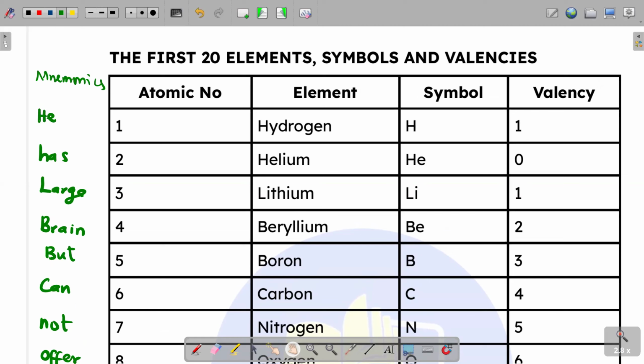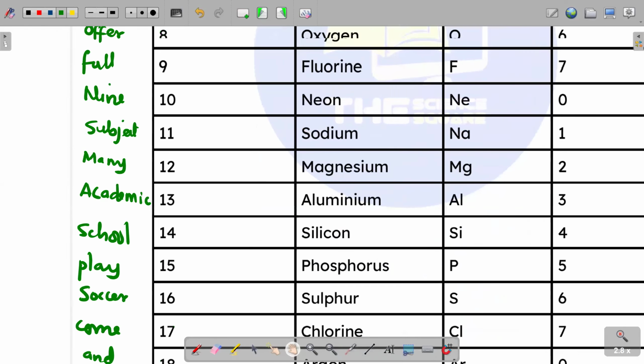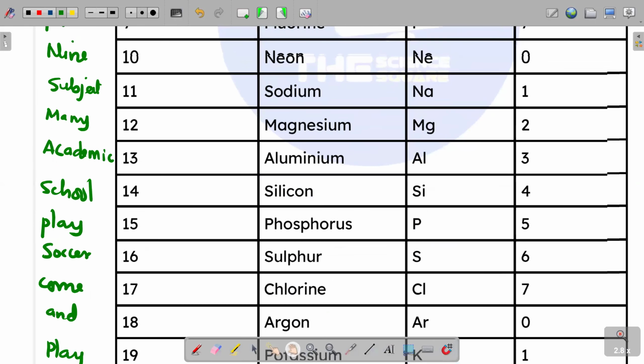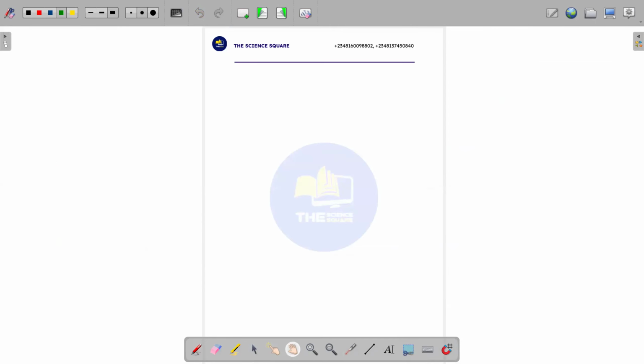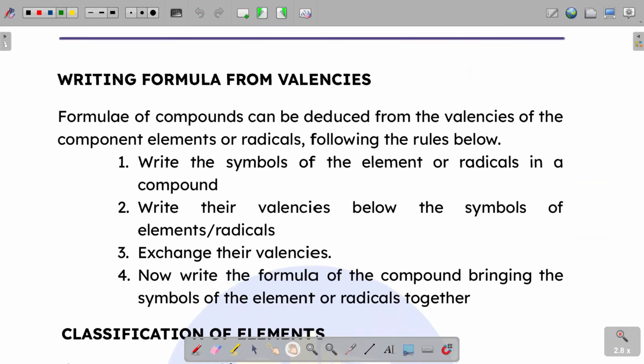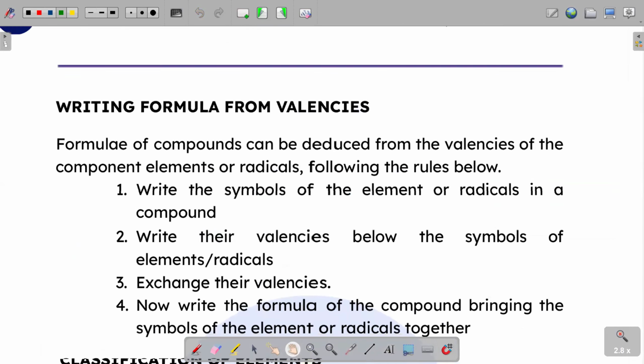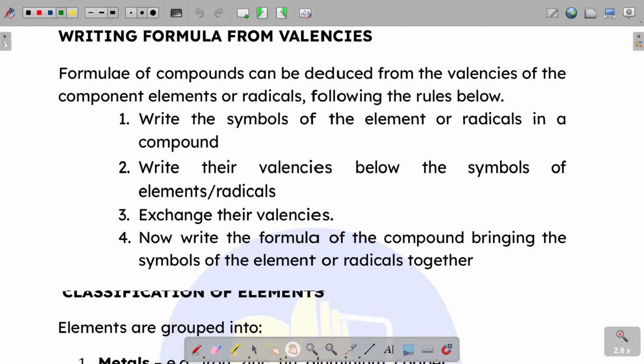In a minute, we'll discuss what valences are. But let's discuss valency first before we move on to classification of elements.